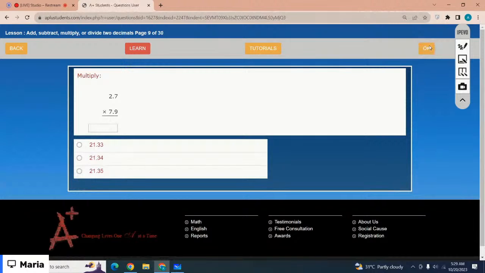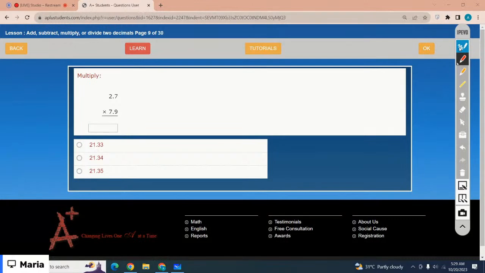Okay, multiply 2.7 times 7.9, right? They both have one decimal place. Just multiply them, 27 and 79. 9 times 7 is 63. 9 times 2 is 18, plus 6 is 24. 7 times 7 is 49. 7 times 2 is 14, plus 4 is 18. Adding them up, that would be 2133.